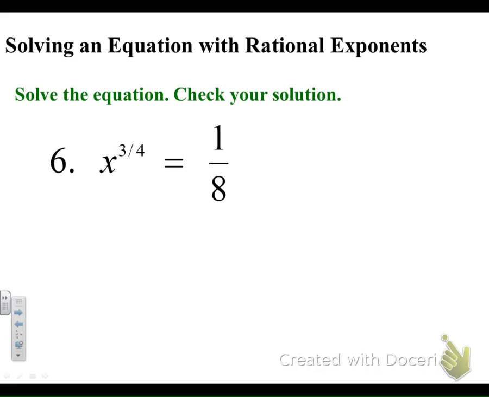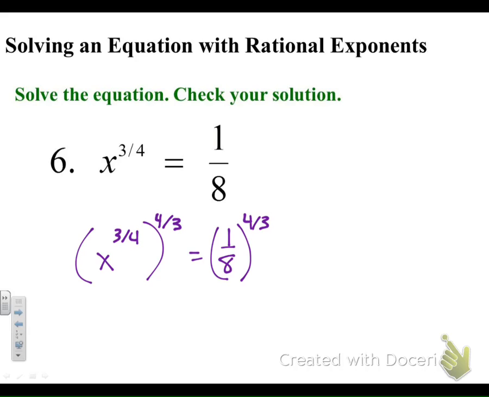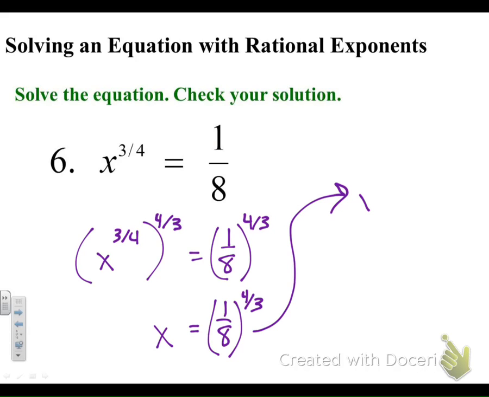X to the 3/4 equals 1/8. Because my radical is by itself, I'm going to raise both sides to the reciprocal of this power. So this is like the cubed root of 1/8 raised to the 4th power.